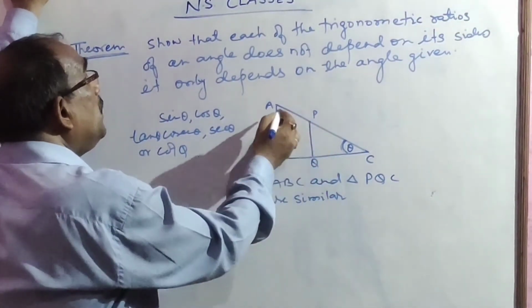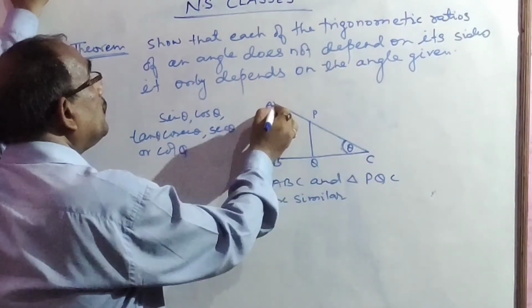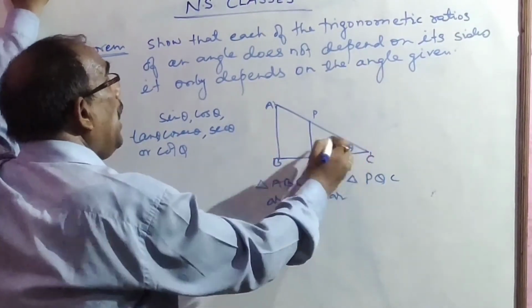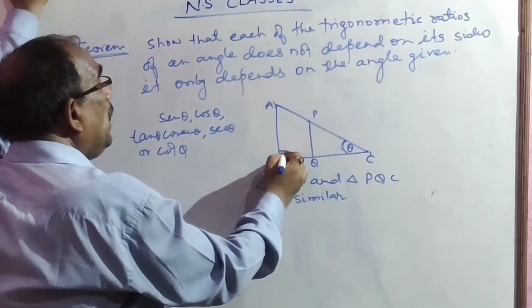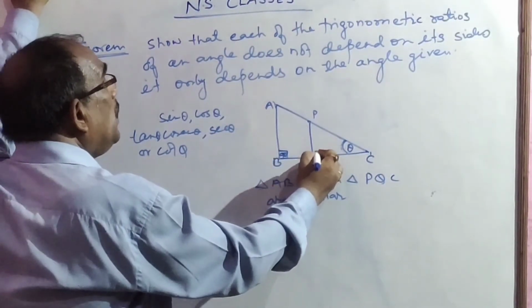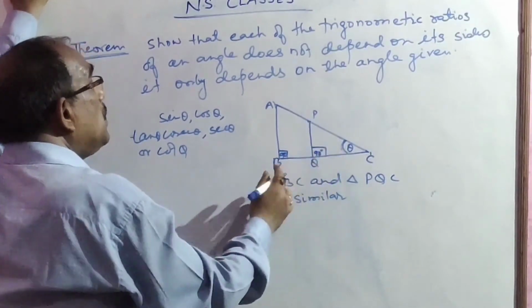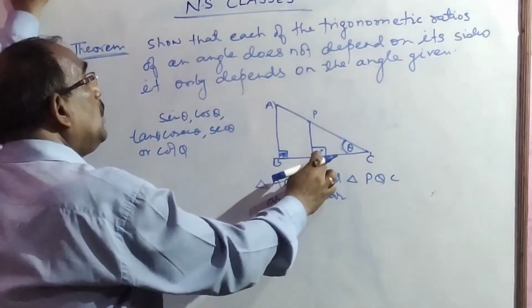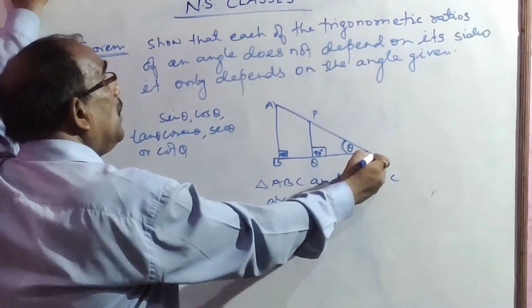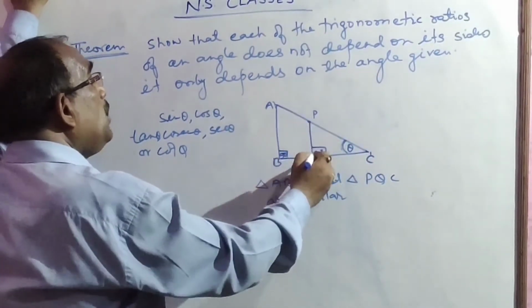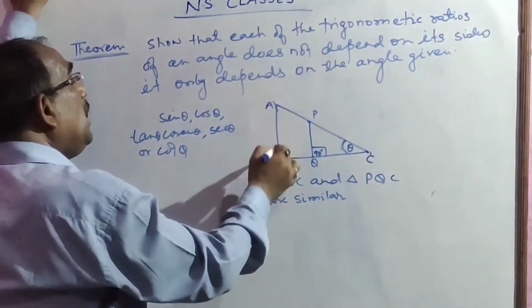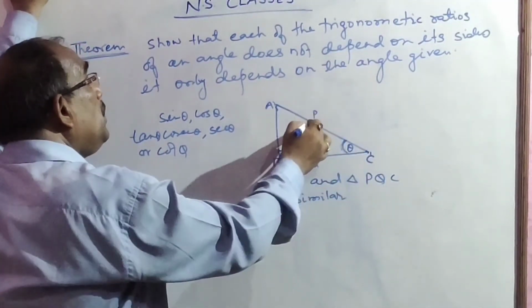In the two triangles ABC and PQC, this angle is 90 degrees and this one is 90 degrees. B is 90 degrees, Q is 90 degrees and angle C is theta. This is common to PQC and ABC.